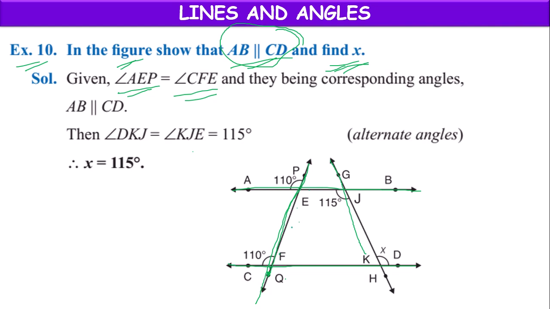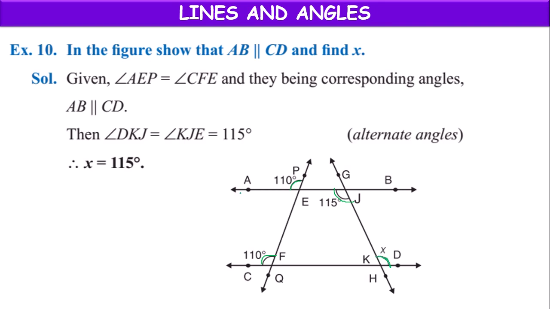PQ is transversal to these two lines, and the GH line is also a transversal to these two lines. There we have two parallel lines and two transversals. This value 110 degrees, and this value 115 degrees they have given, and this X value we have to find out.